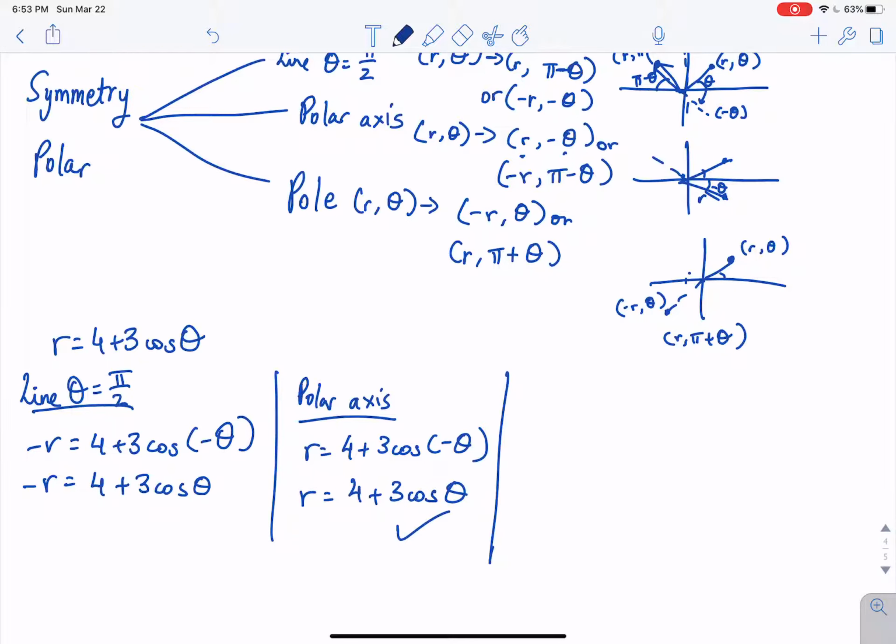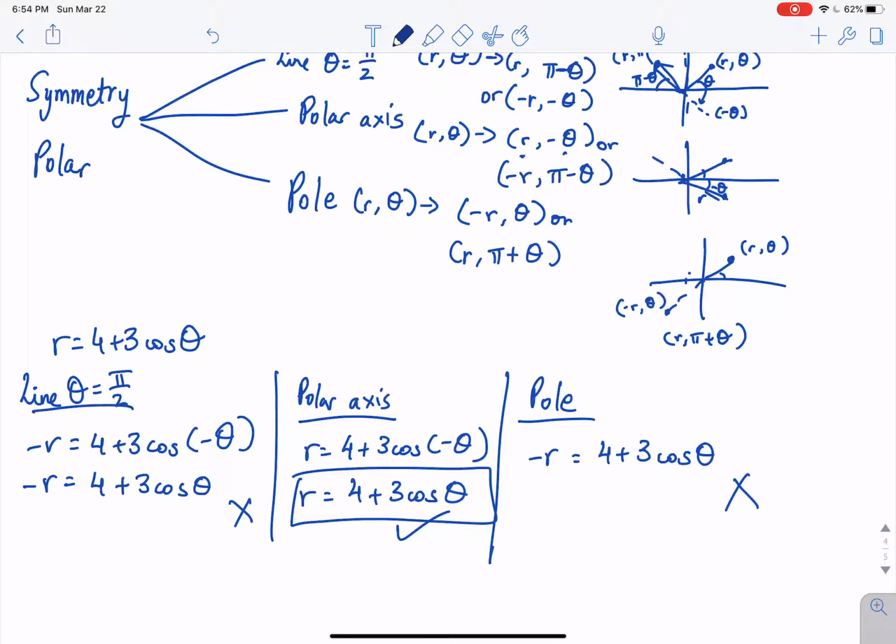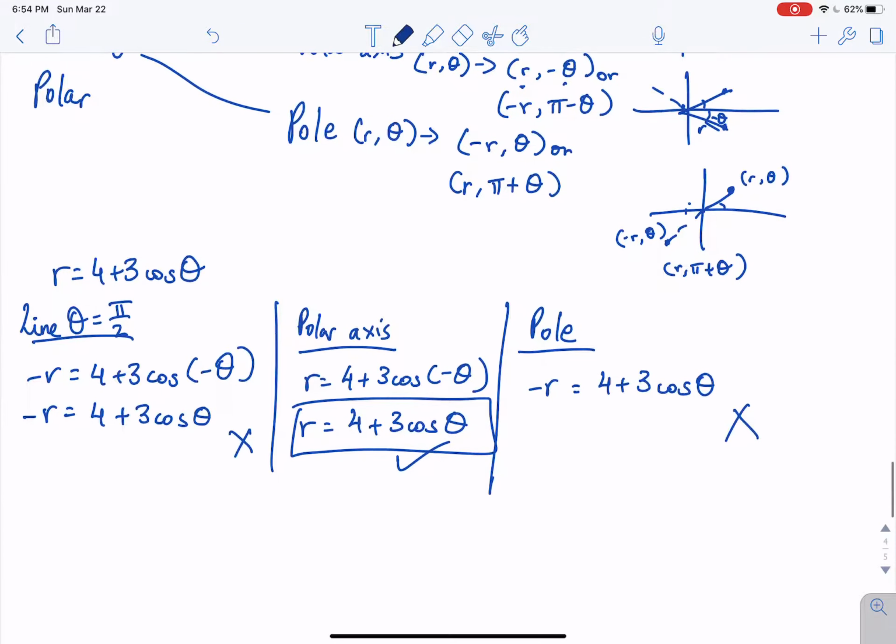Now, unlike Cartesian, we can have symmetry with a few different things. So we do have to test all of it. Negative r, and then theta, this one doesn't work. So we can't get it to be r equals the same thing. Here we get r equals the same thing. So we know that this equation is symmetric around the polar axis.